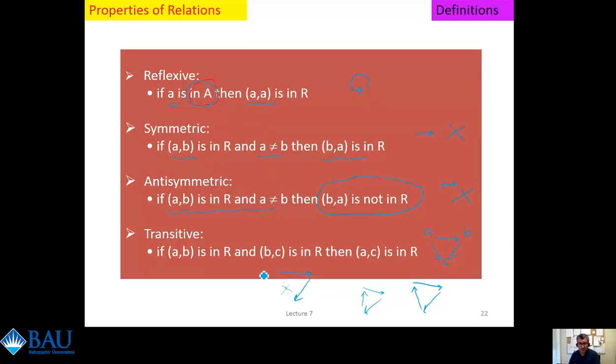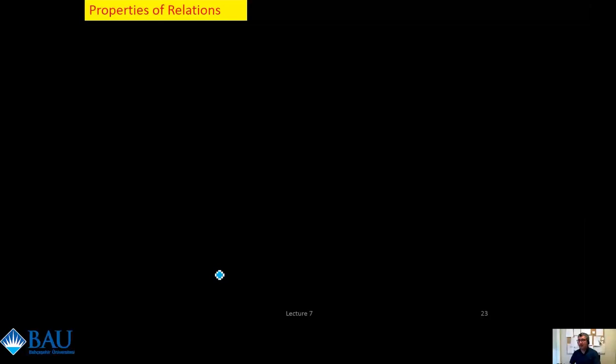That is definitely not transitive. So in a graph, if you saw one triangle in which one side is removed and these two arrows are back to back, definitely that is not transitive. Okay.